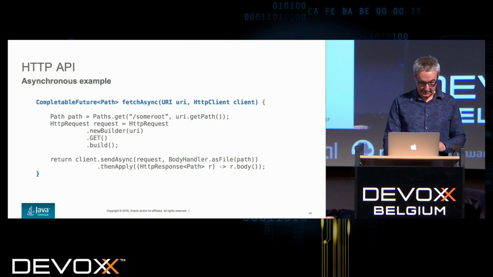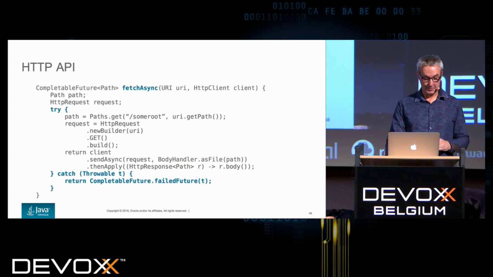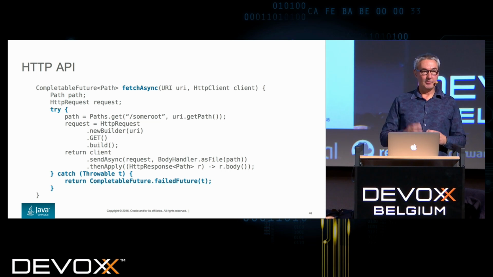Just one caveat though: when implementing this kind of code, if you're mixing traditional blocking code with asynchronous code, and if the blocking code can throw exceptions, it's quite important to actually catch those exceptions inside your method, because you probably want all of your errors to be handled through the CompletableFuture API, rather than some of them being thrown as exceptions up through the call stack.